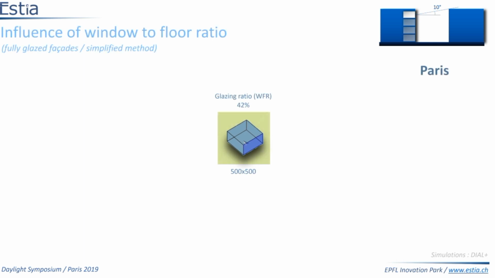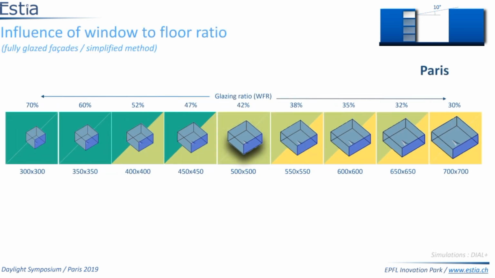Now, if we look at the change of the window to floor ratio, or the change of the size of the room, it's always 2.8 meter high, but the depth increases or decreases, and the width in the same proportion.